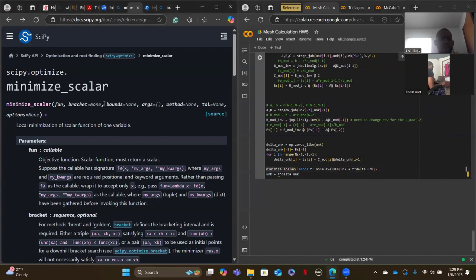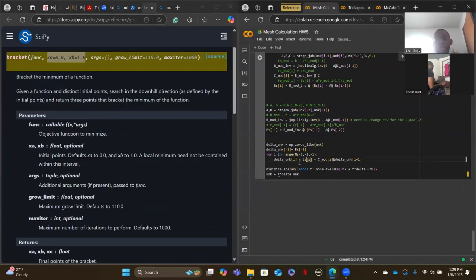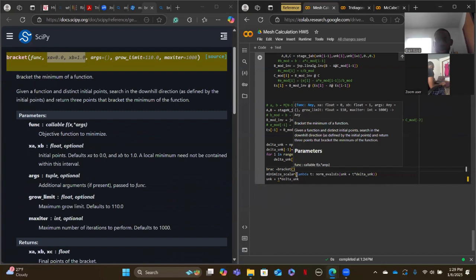The bracket that we have here, we need to either have a triple tuple for, or also have a function for our bracket. So bracket is equal to bracket, and we can actually just copy and paste this.